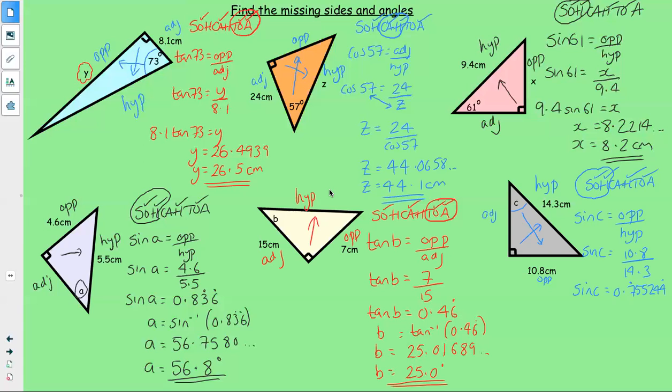So 0.755244, 755244, 755244, and that just continues. So your C is the inverse of this number here. So shift, then the answer, and it equals 49.04676, one decimal place, 49.0. Again, it's an angle, so it's degrees.